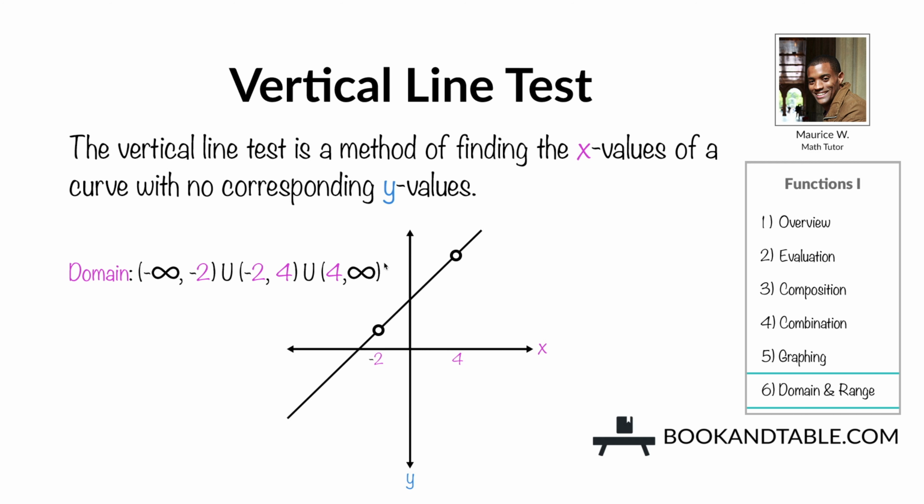And we have parentheses on both sides since 4 is not included, since it is empty, and infinity is not real. It's just indicating this will continue indefinitely. So that is how you would use the vertical line test to find the x values that do not have corresponding y values. And then this will help you write your domain.